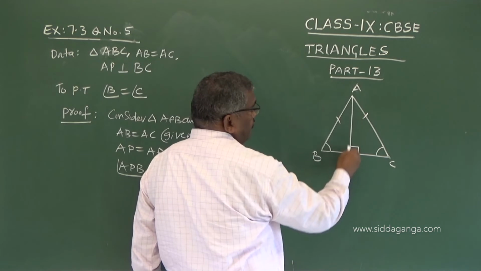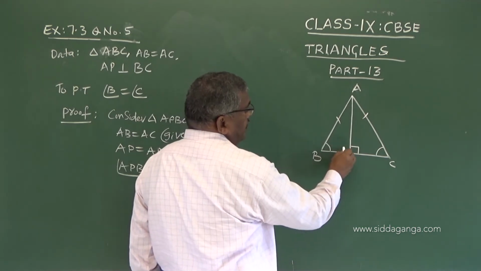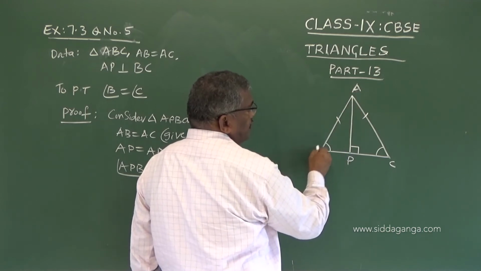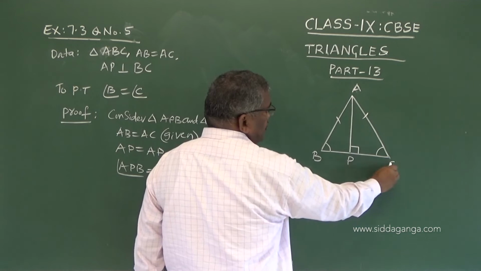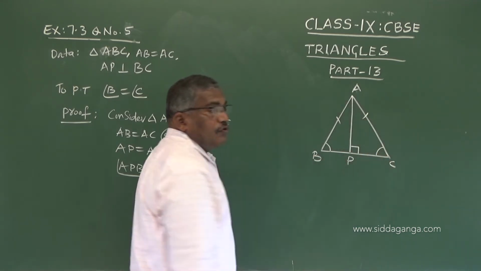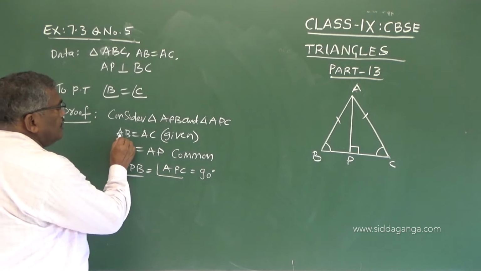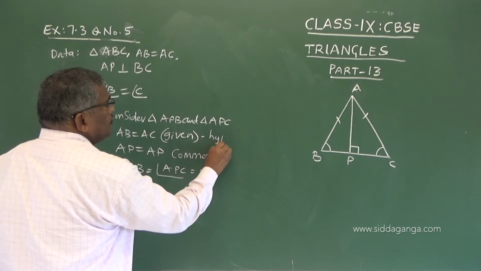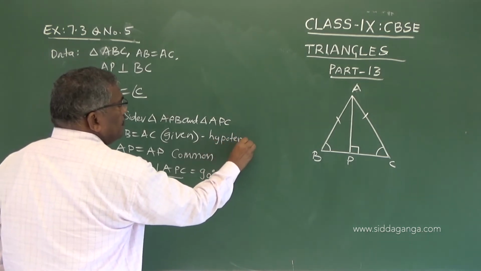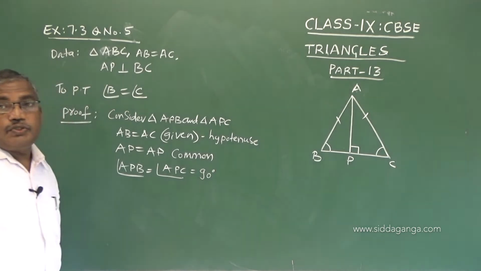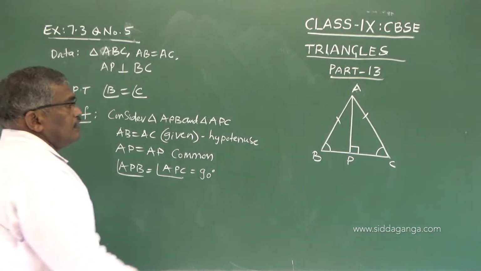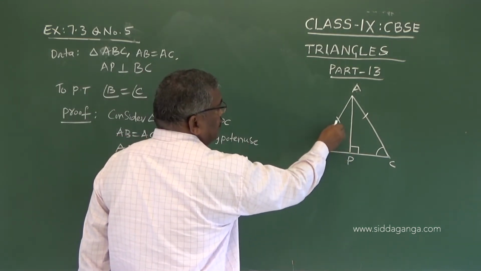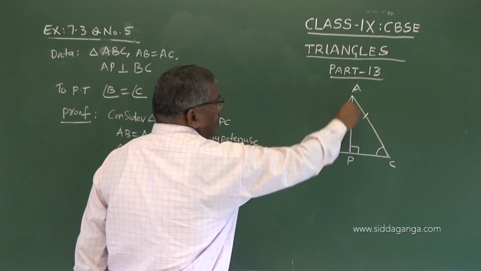When APB is 90 degrees, AB is the hypotenuse, and when APC is 90 degrees, AC is the hypotenuse. AB and AC are given equal, and both are hypotenuse. So this is the right angle of one triangle, hypotenuse, and one side, the common side AP.